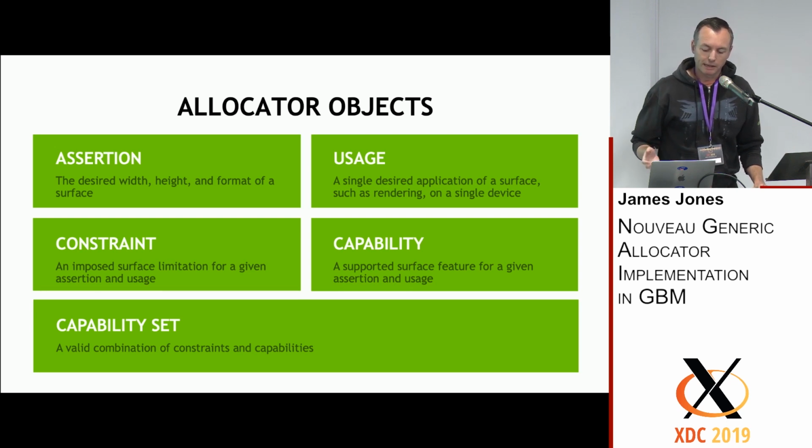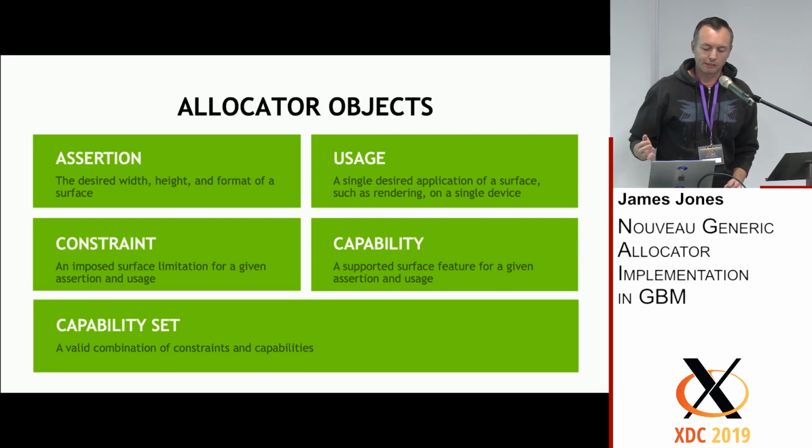The allocator would feed you back two different types of objects. There would be constraints and capabilities. So constraints describe a limitation of the surface you're trying to create. So you might have some device say, okay, I can create a surface that you can render to, but the pitch for that surface has to be a multiple of 1024 for whatever reason. That's just one example.